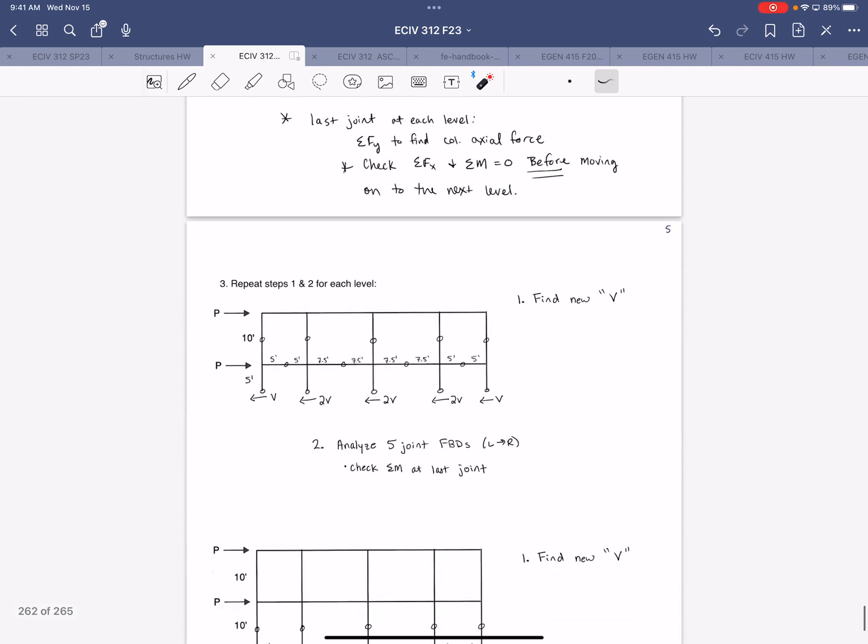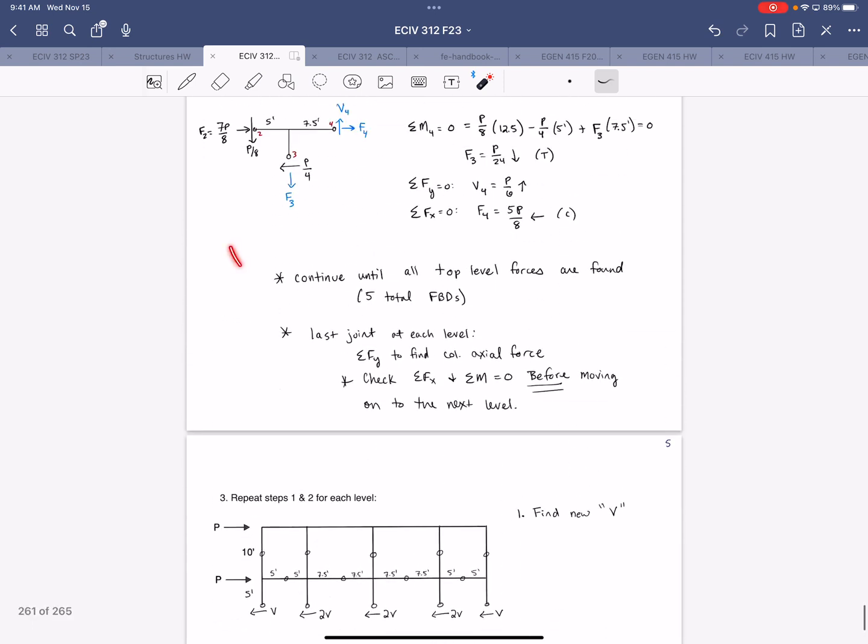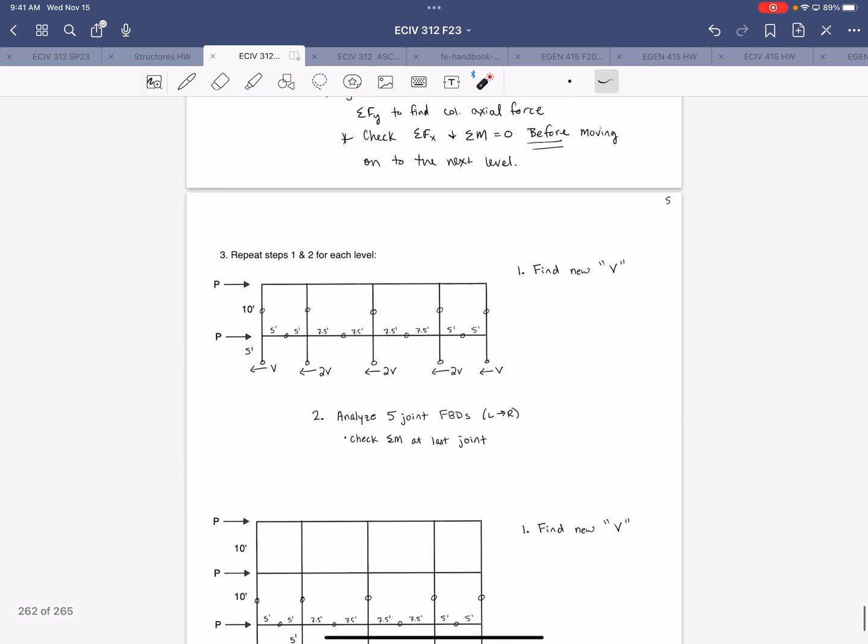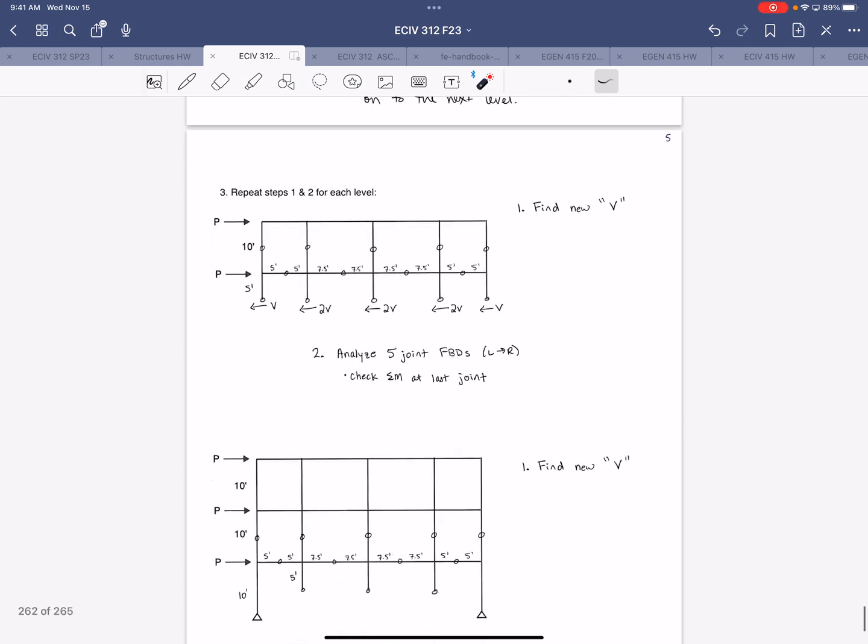All right, so you would proceed to complete that level and then go to the next level. There are two different approaches you could take when going to the next level. One is starting off the way I've shown here, where we're just cutting through the column hinges at that next level and isolating the top part of the frame.